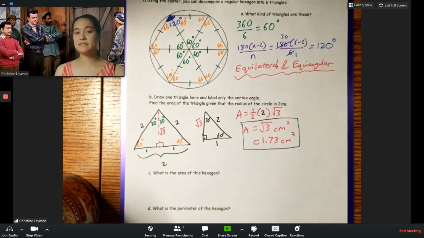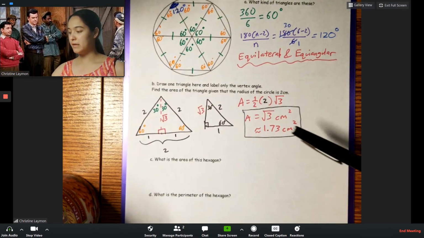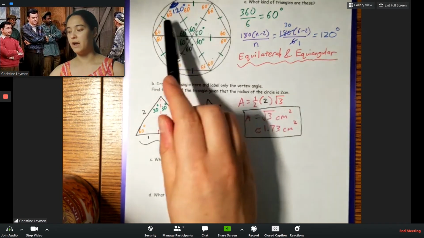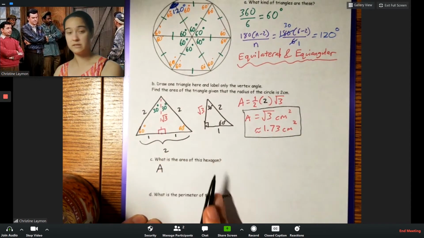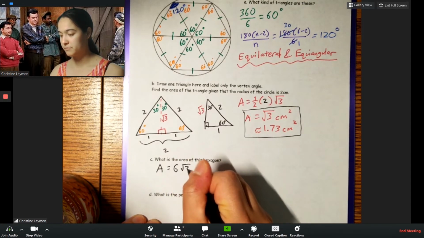Now it says, what is the area of the hexagon? Well, we just found the area of one triangle. So we can go ahead and take that area, multiply by the number of triangles. 1, 2, 3, 4, 5, 6. So the area of the hexagon this time equals 6 root 3.